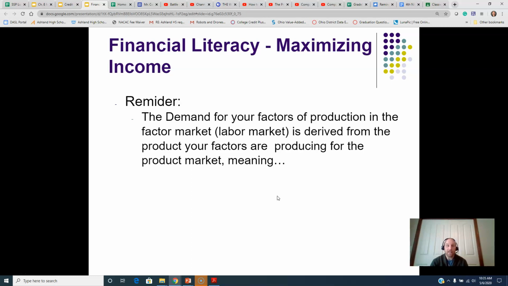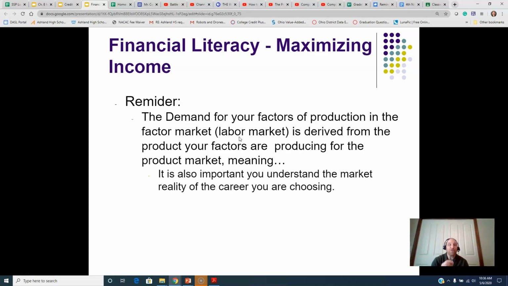Now, here's the thing to keep in mind. You can maximize your specialization in a certain field. You can maximize your comparative advantage, but don't forget the key concept when we learned about factor markets. The demand for your factors of production, meaning your labor, is derived from the product your factors are producing in the product market.